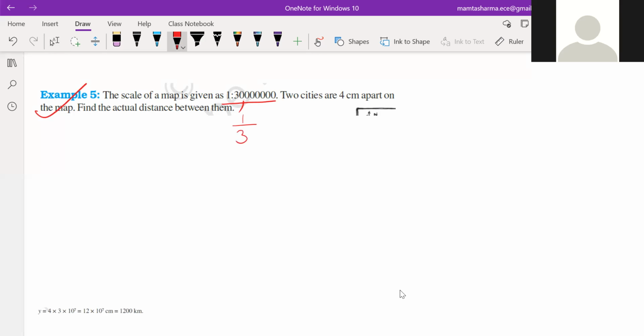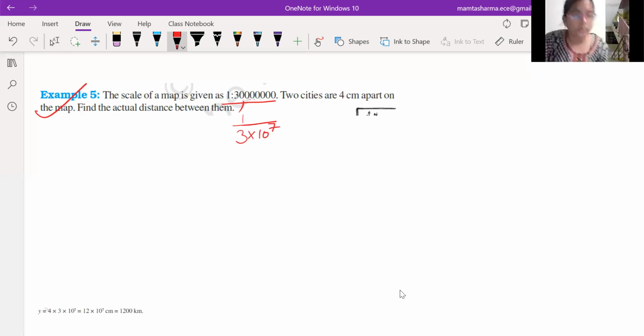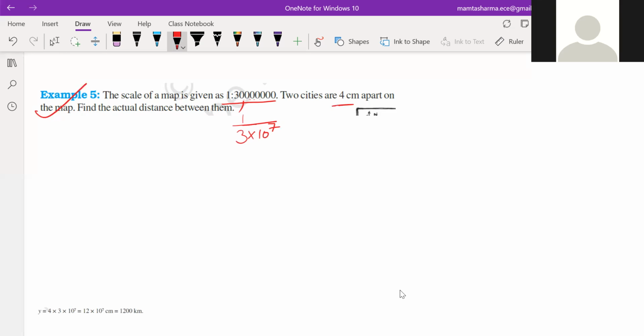How many zeros are there? 1, 2, 3, 4, 5, 6, 7. So the ratio is 1 to 3 into 10 raised to power 7. Okay. So the scale is given. Two cities are 4 centimeters apart on the map. Find the actual distance between them.